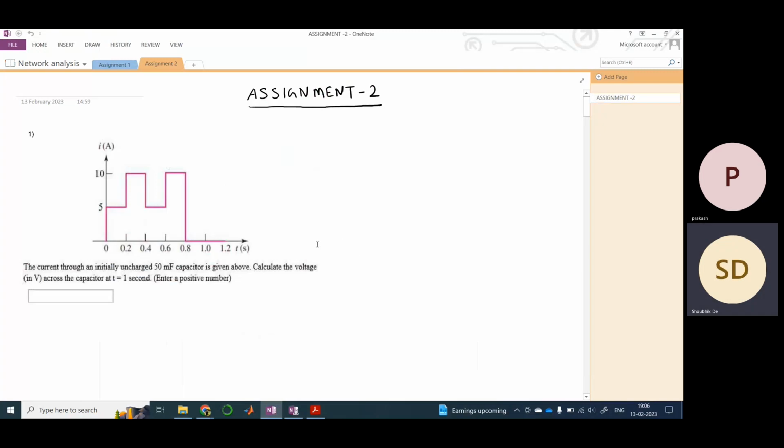This is basically a graph where the variation of current I, in amperes, is plotted against time, in seconds. They are asking that the current is given above in this figure.